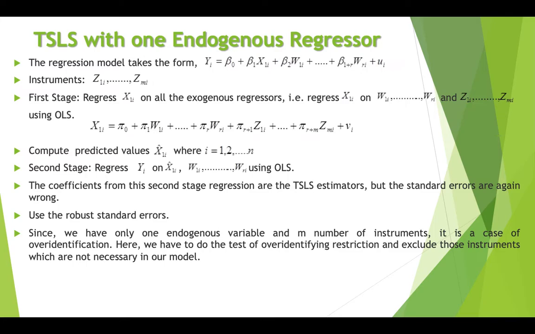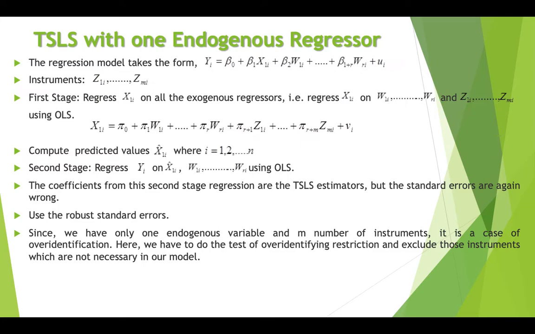Now, in the first stage we regress xi on all exogenous regressors, from w1i to wri and from z1i to zmi. Taking all of them in the equation, we solve by OLS and compute the predicted value of x1i, that is x1 hat i.